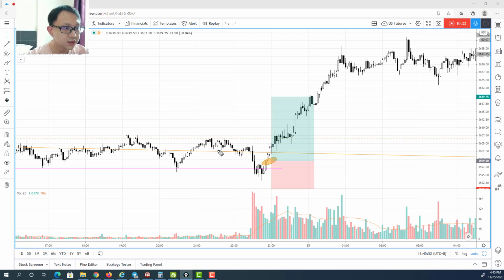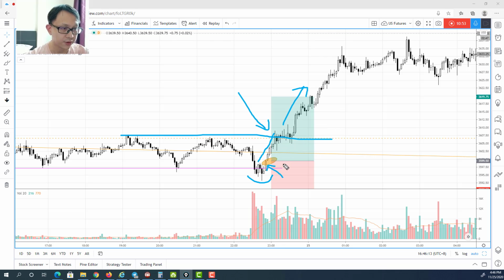At least at this point, I can assume that the direction is to go up until the resistance level, though if this is a true spring, I need to see a sign of strength rally to break out of this resistance level and continue to the upside. But anyway, I think the direction is definitely correct, because at this point the only way it can go is up. Otherwise, it will quickly stop me out.